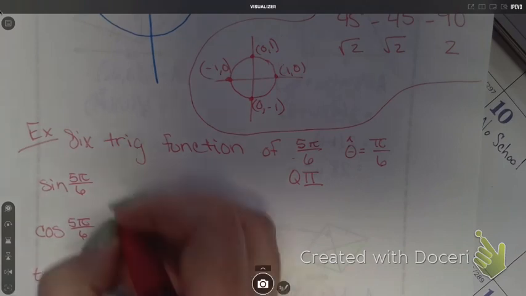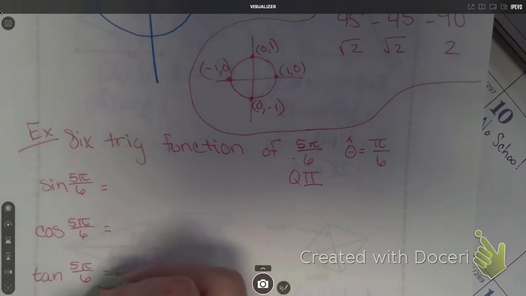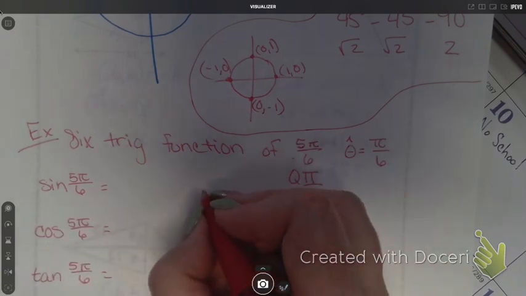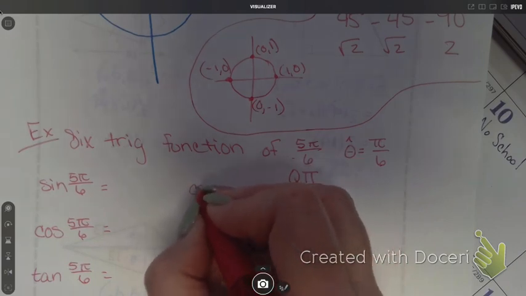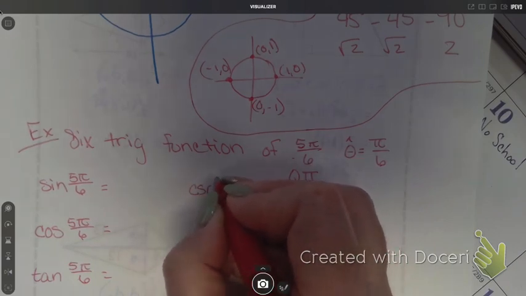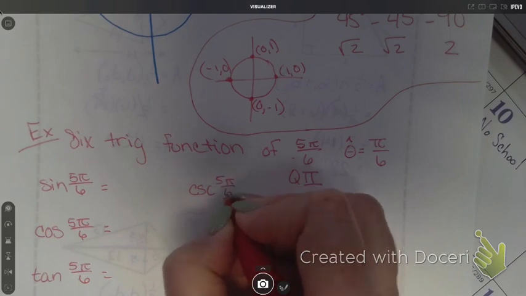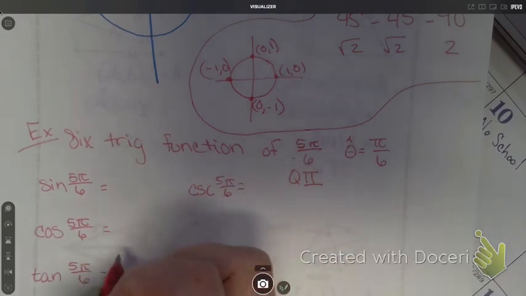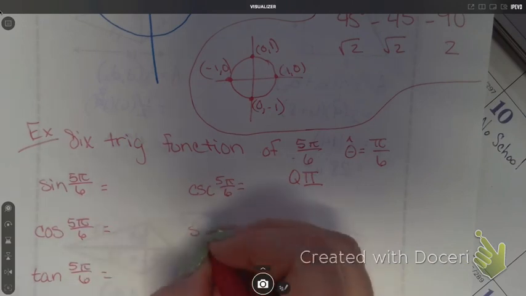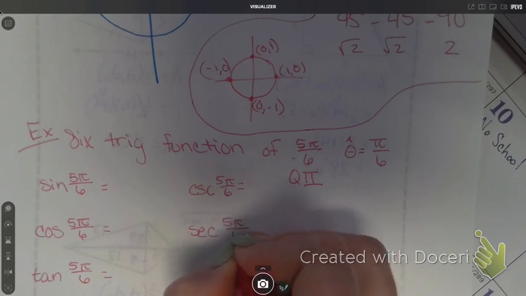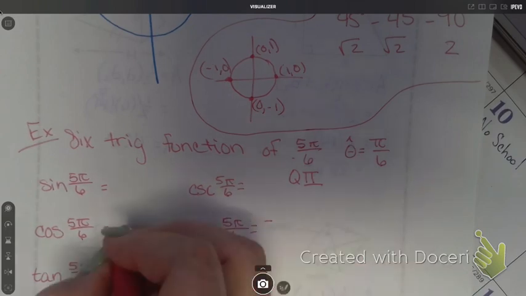What's the reciprocal of sine? Cosecant. So cosecant and sine are the only 2 things positive, so what am I going to put right now on cosine, secant, cotangent and tangent? I'm going to put my negatives first so I don't forget them.